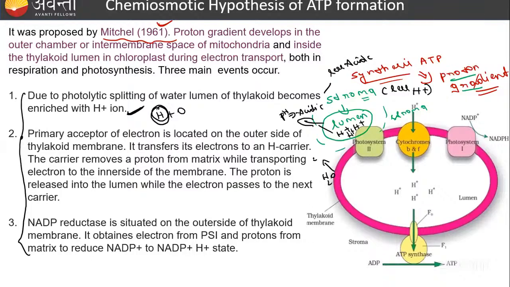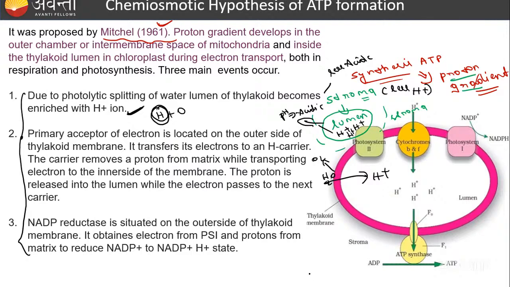You know that oxygen is going to be released outside. Now, the proton will be sent inside the lumen. By the photolysis of the water, the proton that is released will come into the lumen. That is the first step.